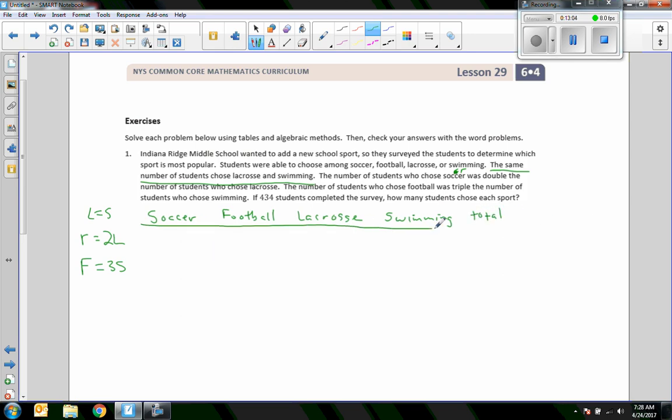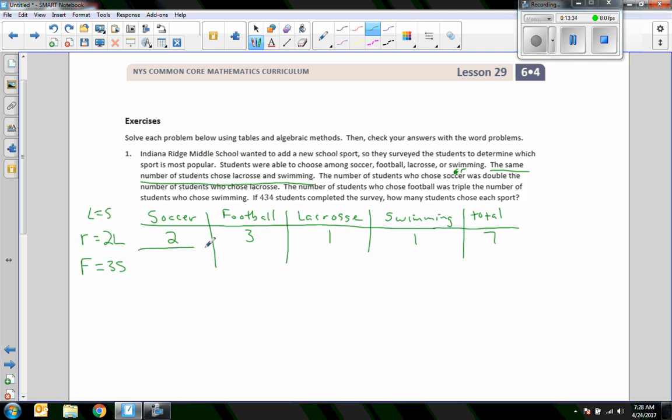Okay, so if I set this up, if we start with the lowest, lacrosse and swimming are equal, they have 1. Soccer has 2 times L, or 2 times S even. And then football is 3 times. So here's our setup. So if I total that, I get a total of 7.